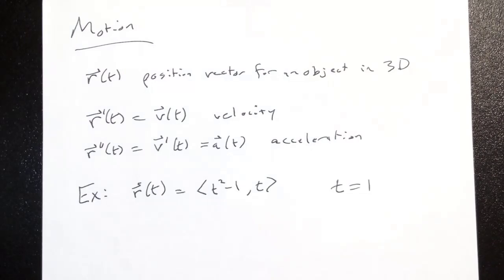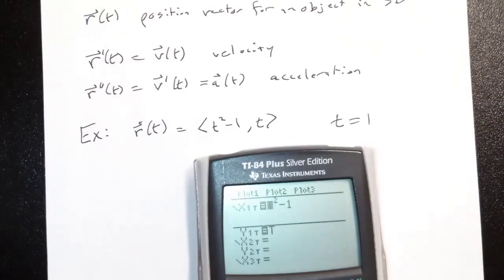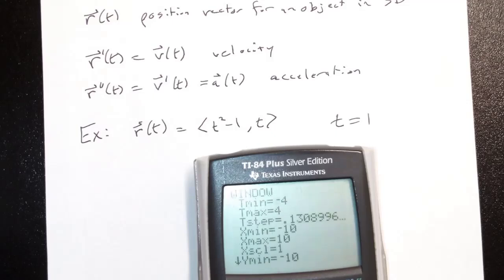I have a graphing calculator. Put it in parametric mode. Let's draw this sucker. If I graph that, make sure you change your window for t.